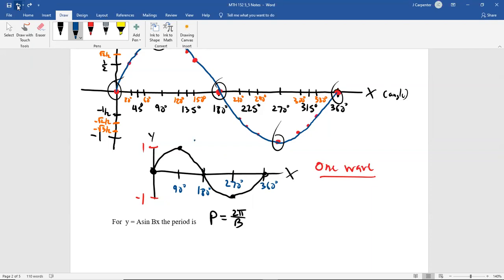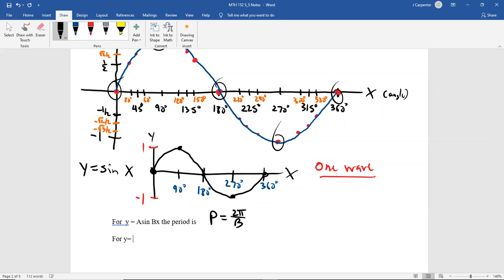This was y equals sine of 1x. There's a little 1 that's implicitly there, if you will. So that says that 1 wave will happen in 2 pi because 2 pi divided by 1 is 2 pi. So understanding the period of these waves is extremely important.